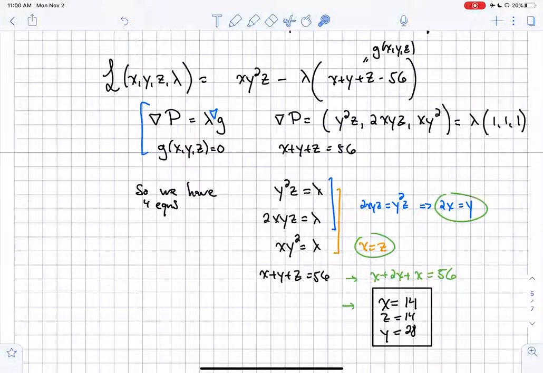And then let's say you can equate this one and this one. Then you can again divide by y squared, so x is equal to z. So now I have these 2 equations put back in the 4th equation. Say that that is my constraint. I'm going to get x plus 2x plus x is equal to 56. So x is equal to 14, and then just unwind. Z is equal to 14 as well, and y is equal to 28.